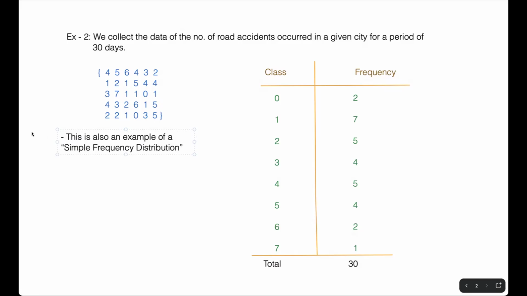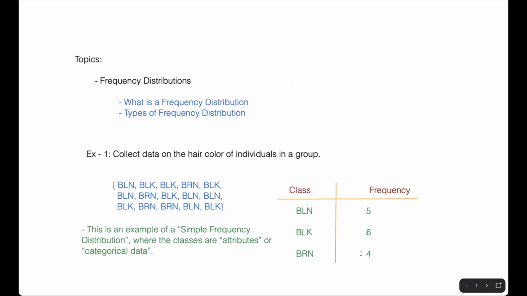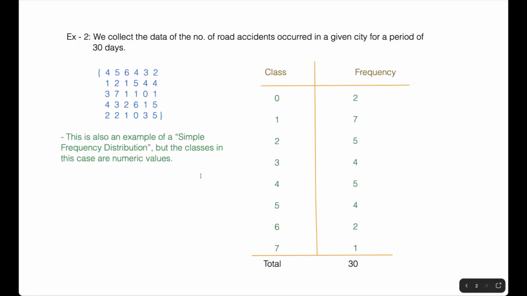But in this case, the classes are numeric data, right? But the classes in this case are numeric values, right? Whereas for the previous case, if you go back to the previous example, the classes are attributes or categorical data. Whereas in this case, the classes are numerical values or numeric data, okay?